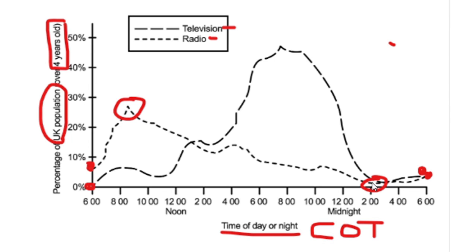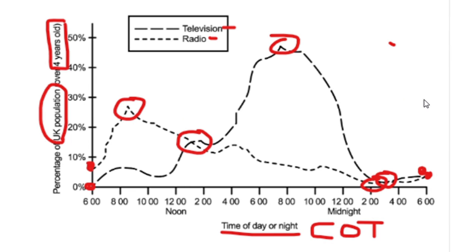Here might be considered a low point. Here is a high point, and again, here is another low point. Now, other interesting aspects might be where lines cross, where the number of viewers of television passes the number of listeners on radio. So where this data crosses can be considered to be interesting.